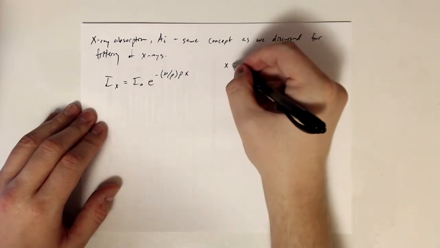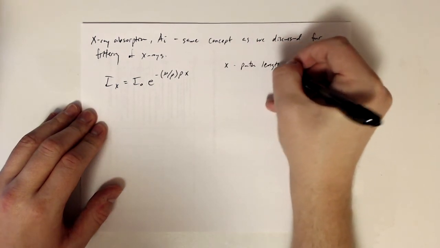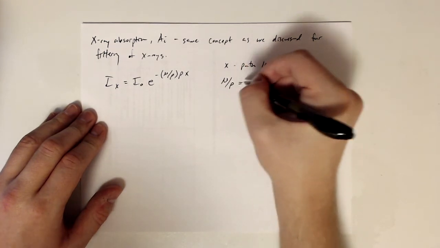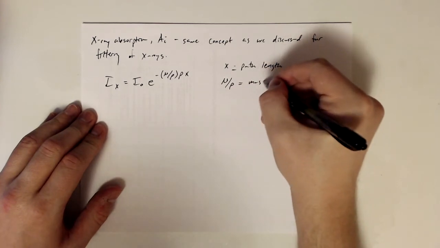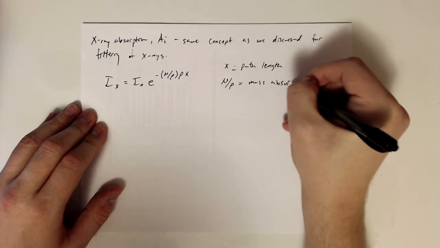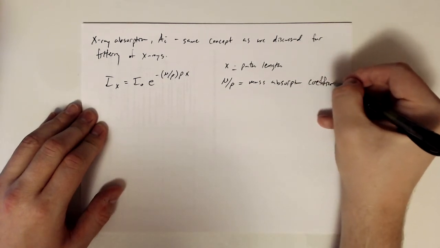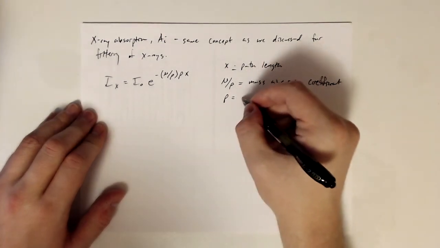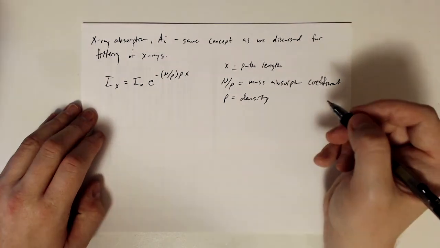where X is the path length, mu over rho is what's known as the mass absorption coefficient, and rho is obviously density, as it is in the other equation.